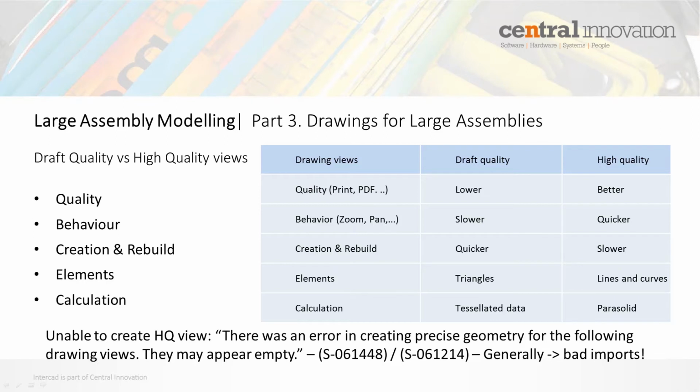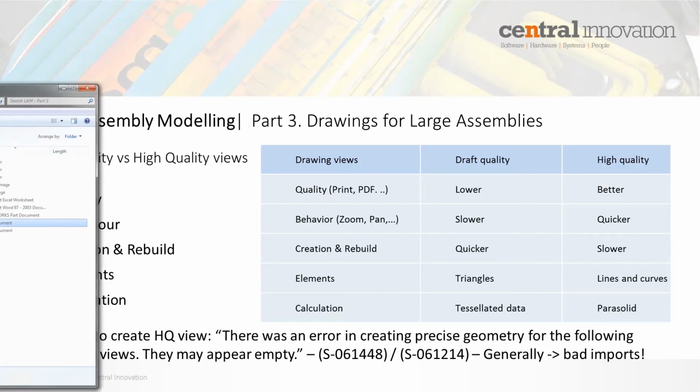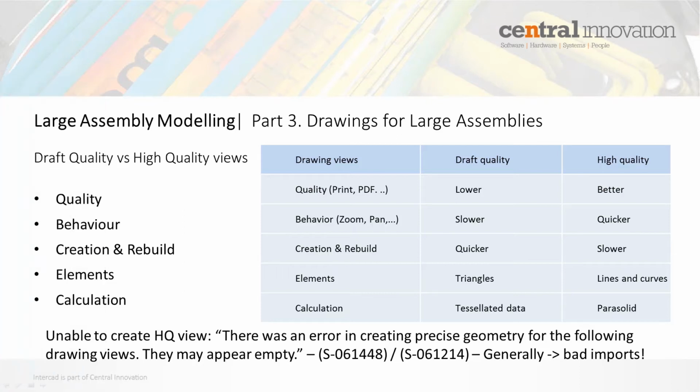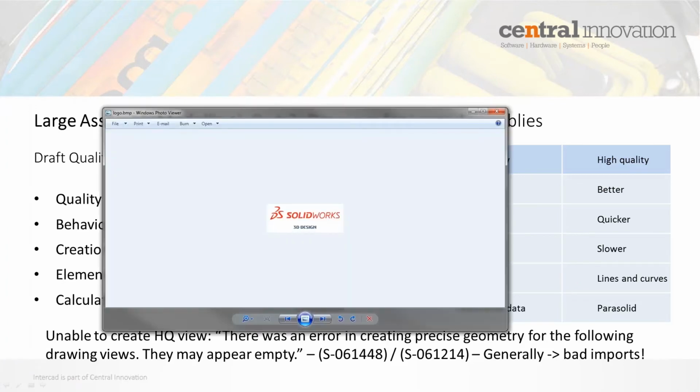The draft quality drawing view image is a raster graphics image. So if I just open up an example, okay, so just waiting for that to show up. What you can see there is a bitmap file.